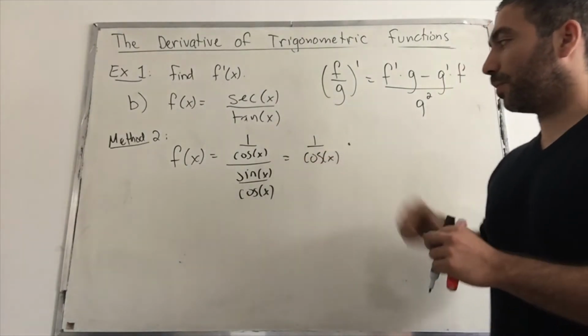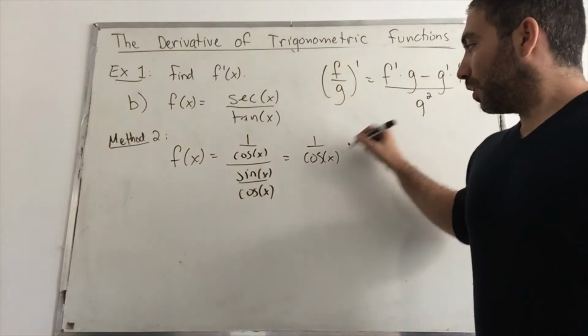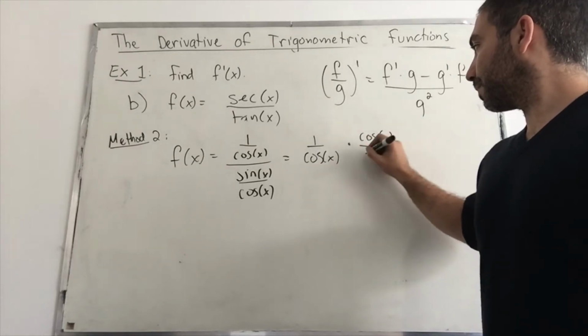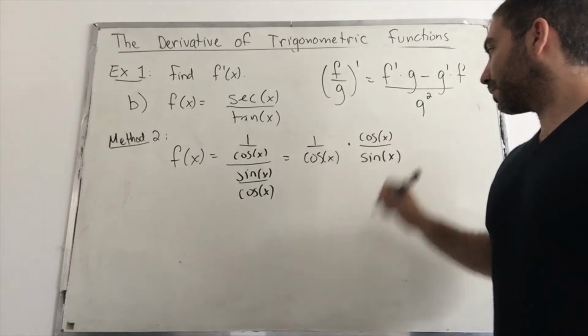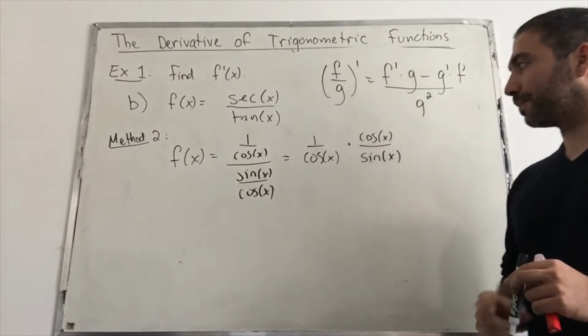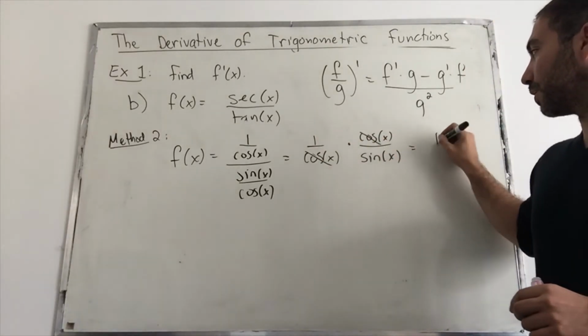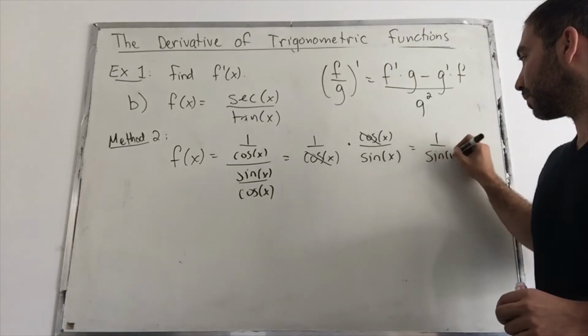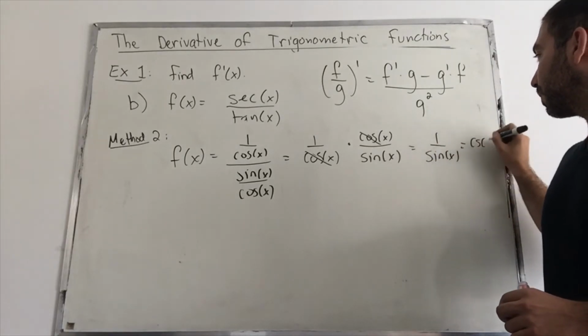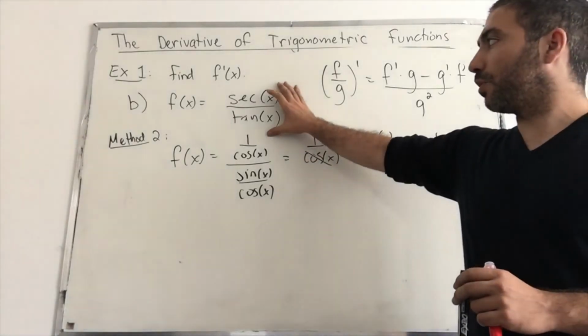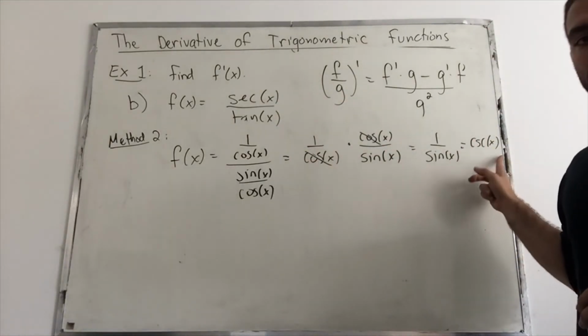So sine over cos becomes cos over sine. Notice that the coses cancel, and we're left with 1 over sine, which is cosecant. So this is equivalent to cosecant, and we know the derivative of cosecant.